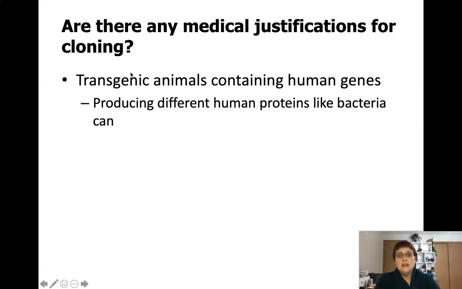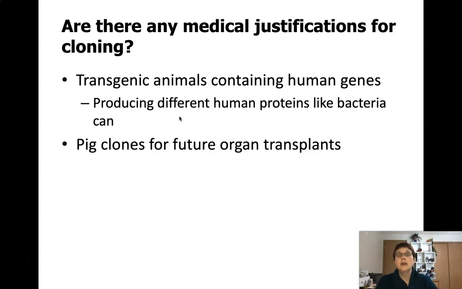Continuing to do this is incredibly helpful, because it can allow us to produce large amounts of human proteins that are not easy to synthesize artificially. If we produce them in animals, they generally can produce them in larger amounts, depending on the type of protein.